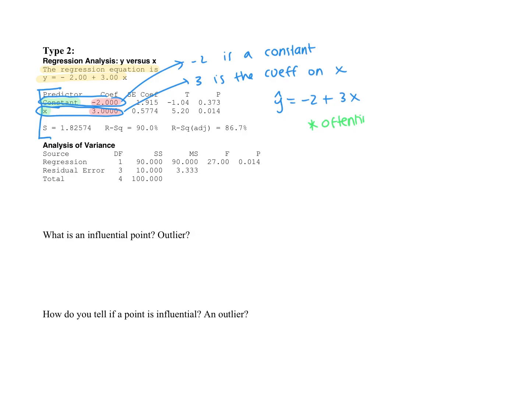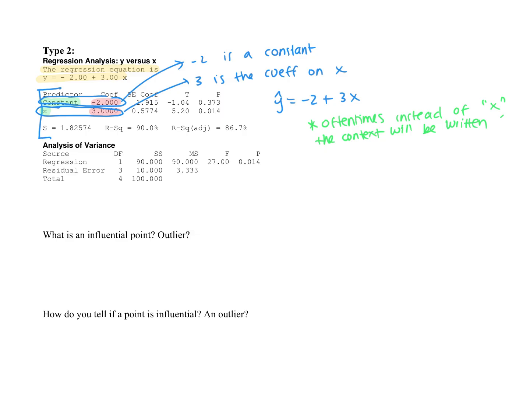Oftentimes, instead of x, the context will be written. So if this were for the femur and humerus data, instead of saying x, it would just say femur.